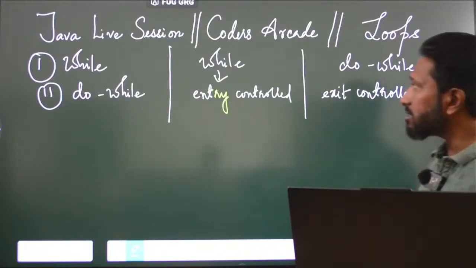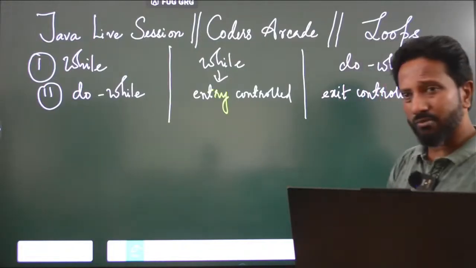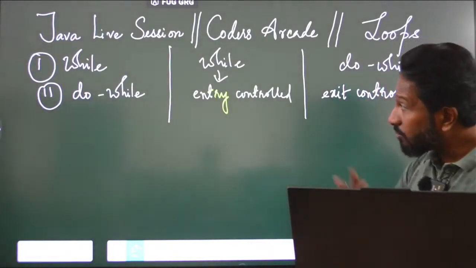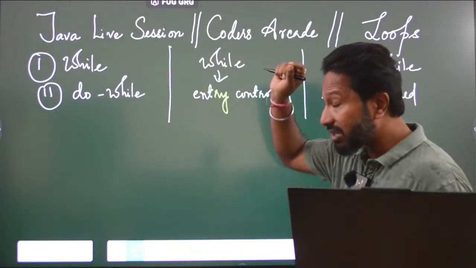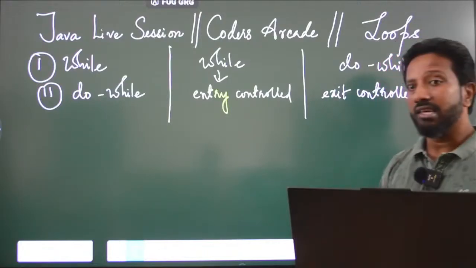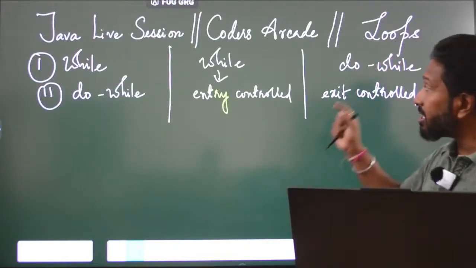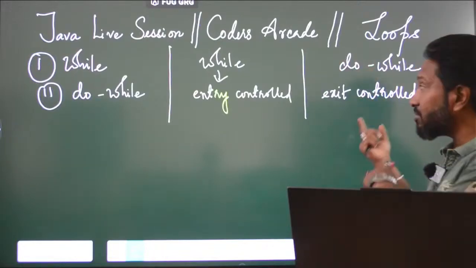This is the most important difference between the two. In the while loop, if the condition is false, it will not even enter that loop. But in case of the do while loop, even if the condition is false, it will at least execute once the statements given in the block. After that it will check the condition.